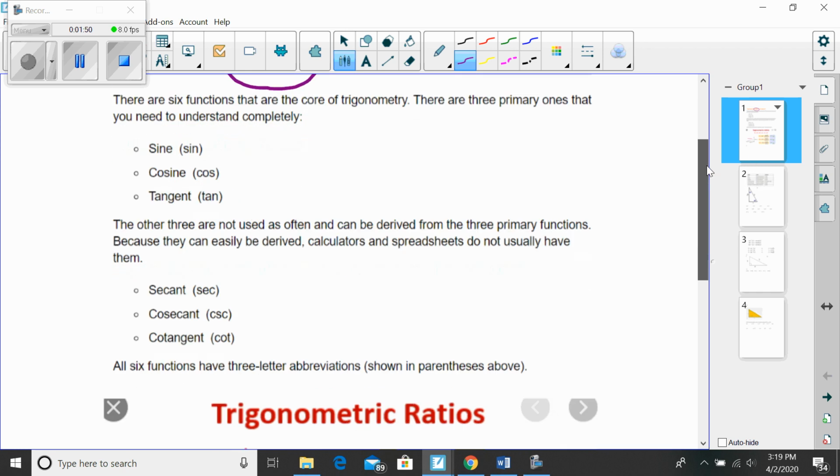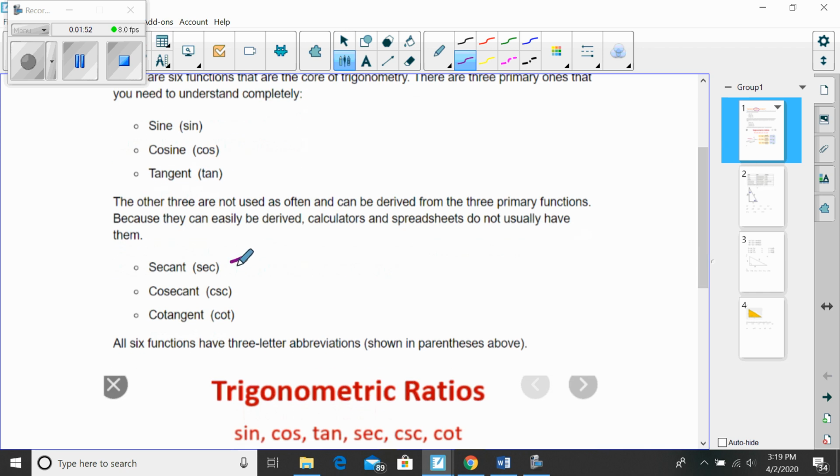The reciprocal of cosine is secant, the reciprocal of sine is cosecant, and the reciprocal of tangent is cotangent. As long as we know how to work with these functions, it's very easy to take what we know and just extend that a little bit to the reciprocal functions.